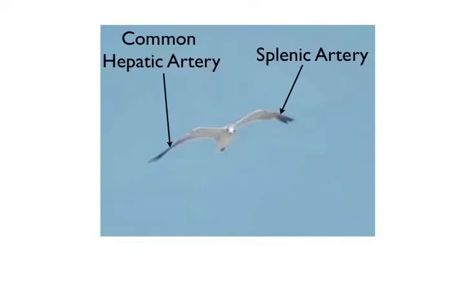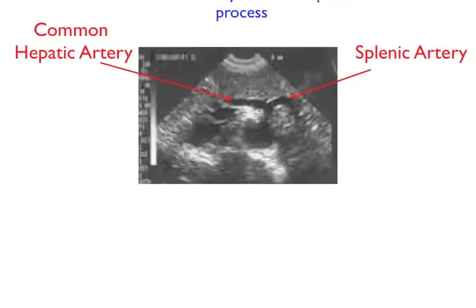Okay, why do we care? Because over here are the wings of the seagull sign. That's the celiac axis just below the xiphoid process. And it looks just like a seagull with a common hepatic artery on the right and the splenic artery on the left, coming out of the aorta. Right below the xiphoid process. If you go down a centimeter or two away from the xiphoid process, more inferiorly, you'll miss it.